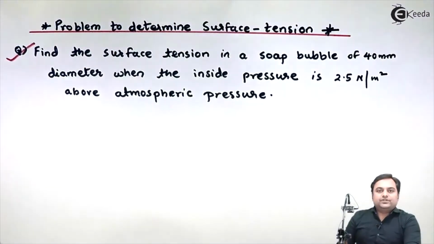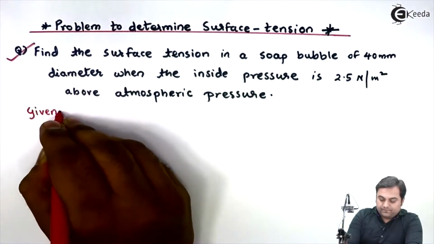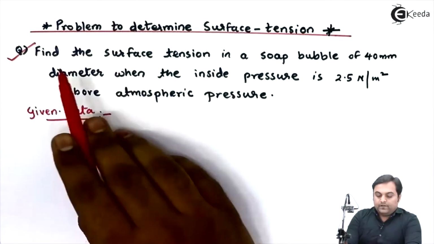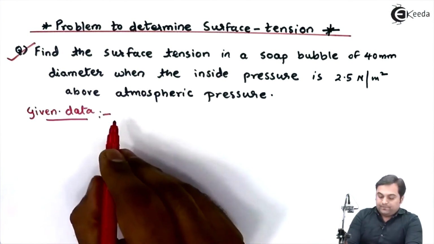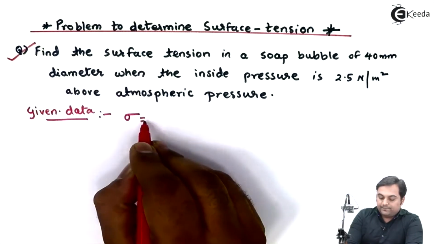Whatever is given in this question, I will write that in the form of data. Given data: find the surface tension. We have to calculate surface tension. It is denoted by sigma.